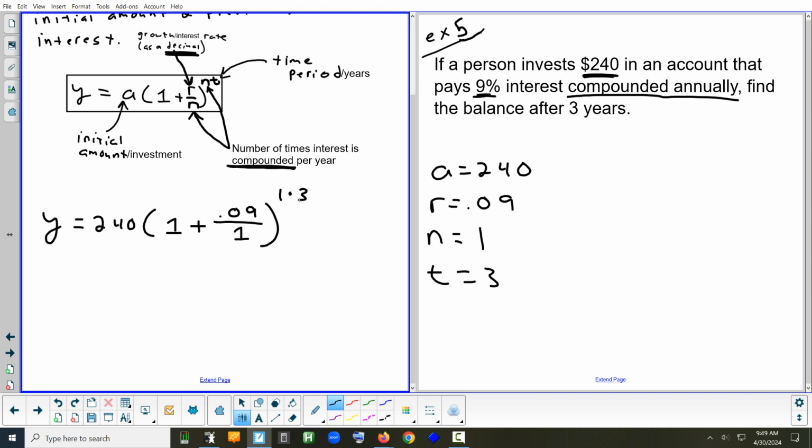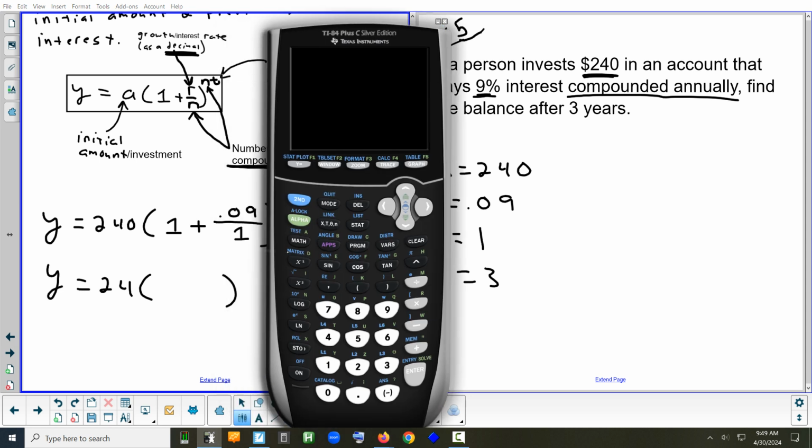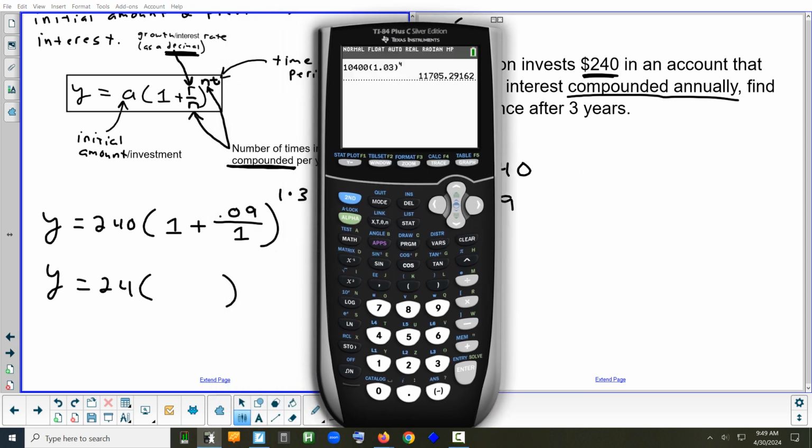Okay. Let's simplify this a little bit. Let's figure out what that part is. It's 1.09. If you weren't sure how to do it, you just type in 1 plus 0.09 divided by 1, and see what it is on the calculator.